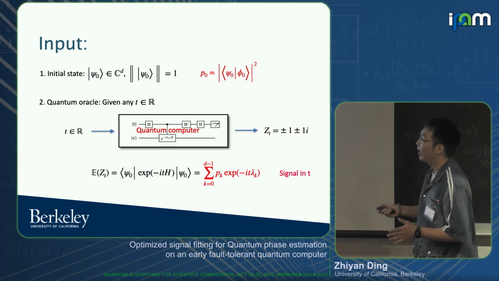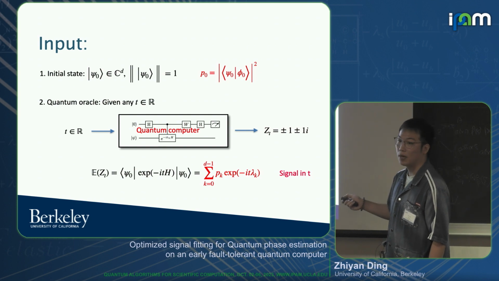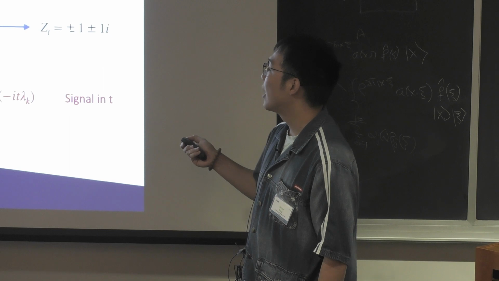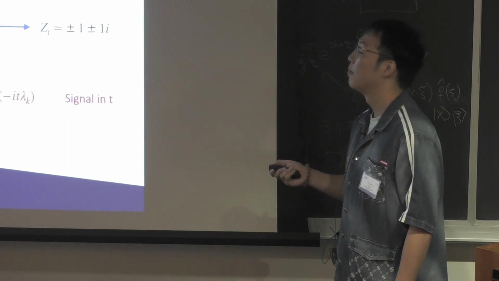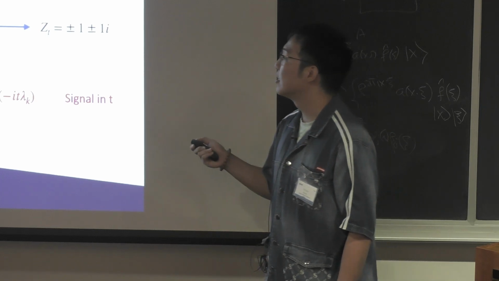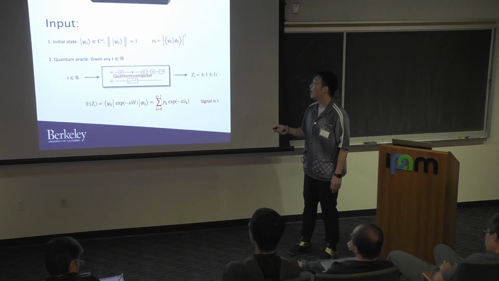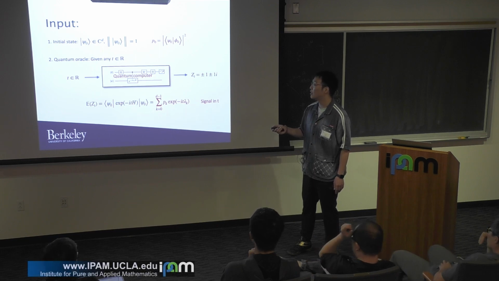Basically, for any given t belonging to the real numbers, you put it into the quantum computer, and it can generate a random number Ct, which equals plus or minus 1, plus or minus 1i. The important property of this random number Ct is that if we take the expectation of Ct, it can be written as the following Fourier summation.